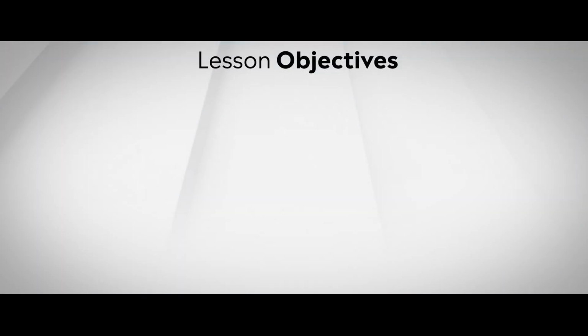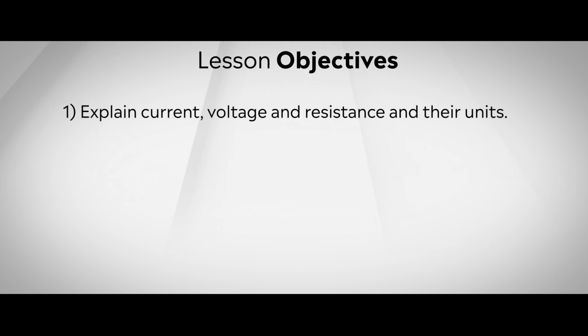Since this is an educational lesson, we have to know the objectives of today's lesson. By the end of today's lesson, you should be able to, number one, explain current, voltage, and resistance in your own words. Number two, establish a relationship between current, voltage, and resistance; in a way, state Ohm's law clearly.